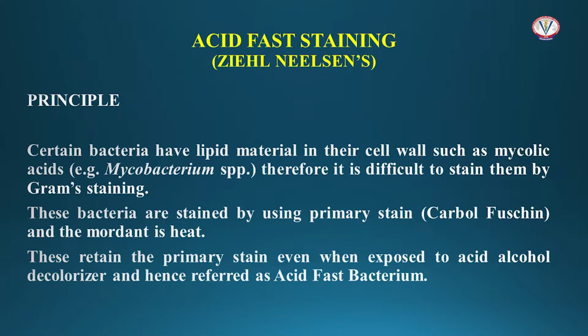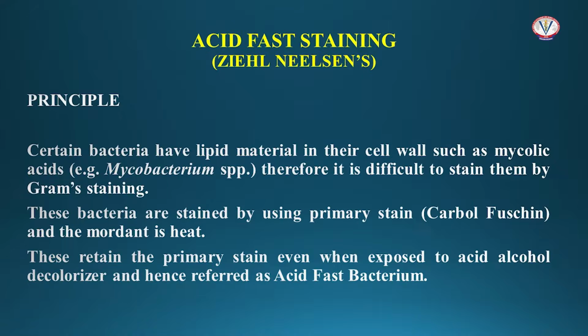Why? Because they have a certain lipid material in their cell wall known as mycolic acids, by virtue of which they do not get decolorized by acids or acid alcohol, which are used as decolorizers. So they are known as acid fast or acid alcohol fast.